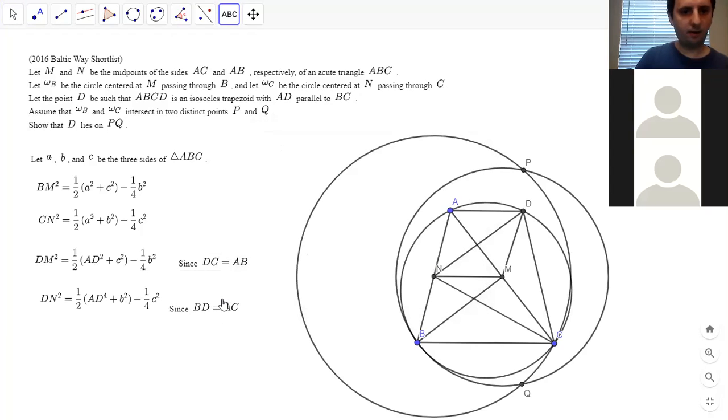And so then from there we have BM squared minus DM squared. Or I'm sorry. So I think it should be AD squared, not AD to the fourth power. Oh, sorry, you're right.